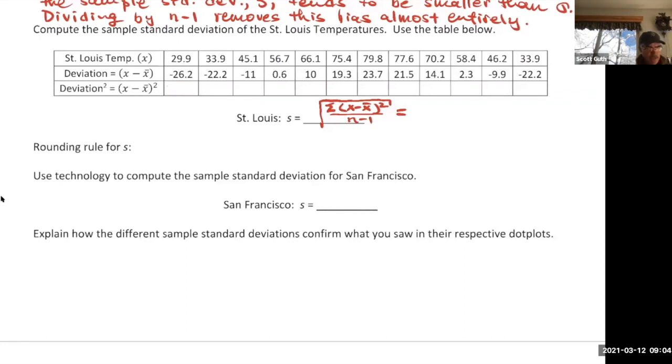So please, if you do put the negatives in, use parentheses. Otherwise, just don't put the negatives in. Let's go ahead and fill this out. Almost too small to write in.